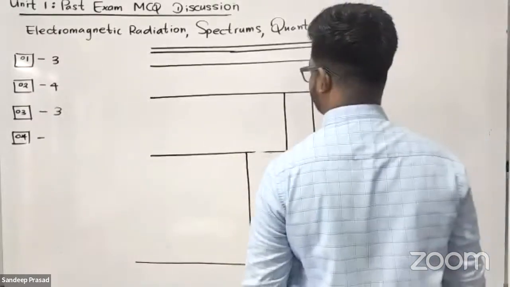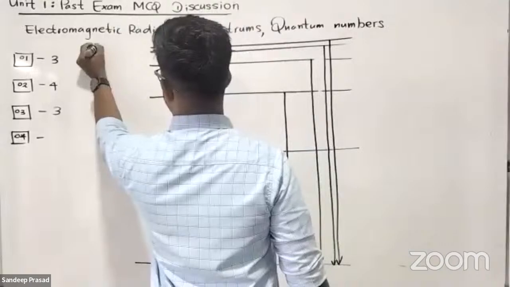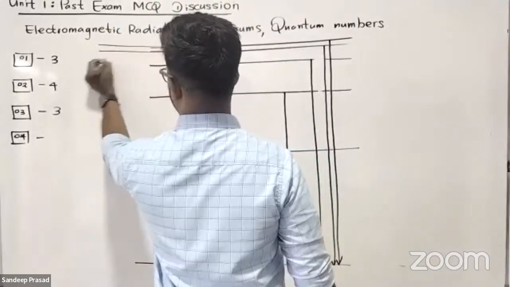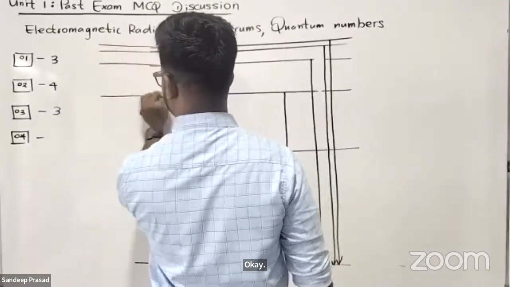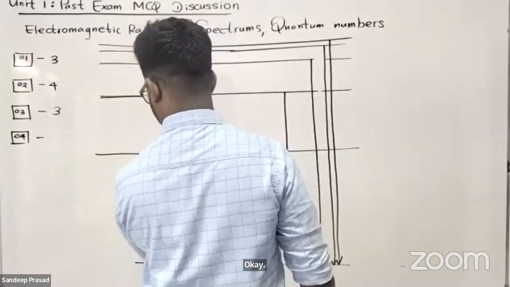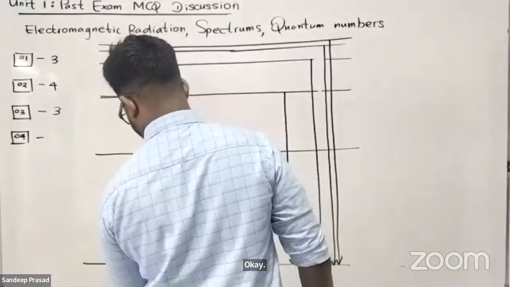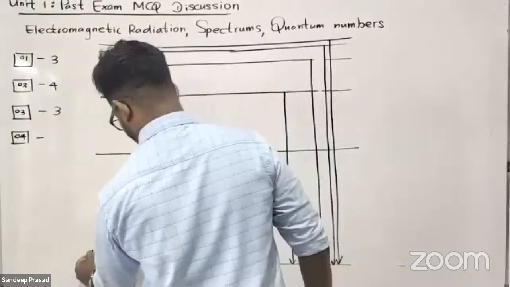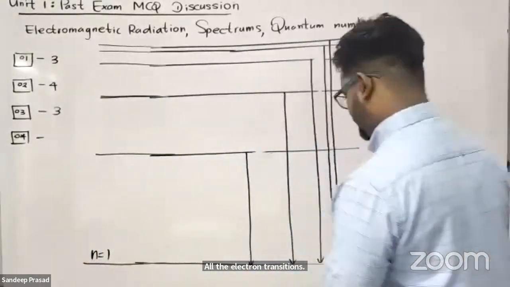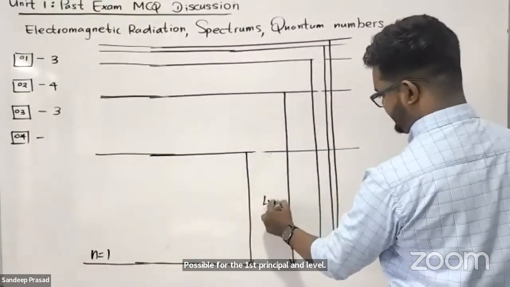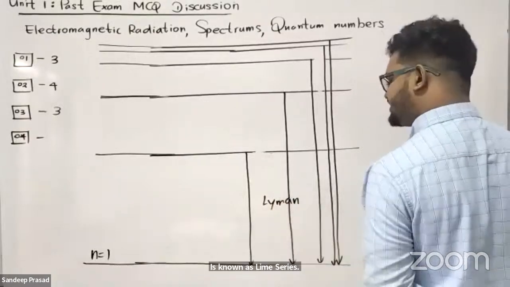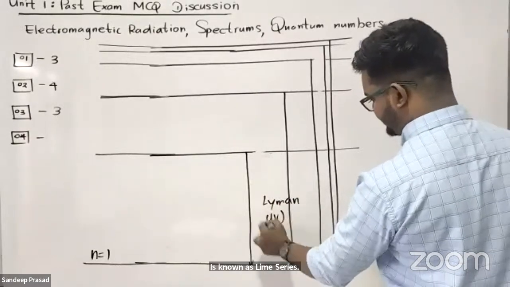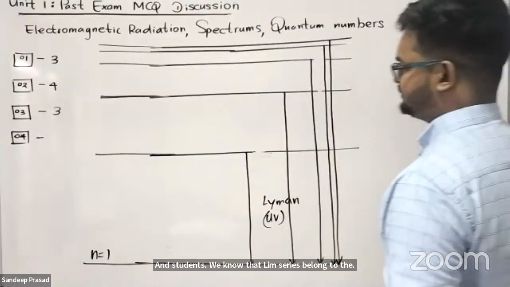All the electron transitions to the first principal energy level are known as the Lyman series. And students, we know that the Lyman series belongs to the ultraviolet region of the electromagnetic spectrum, right?